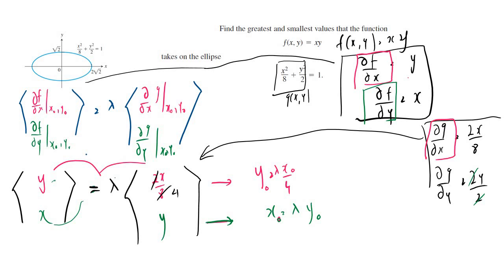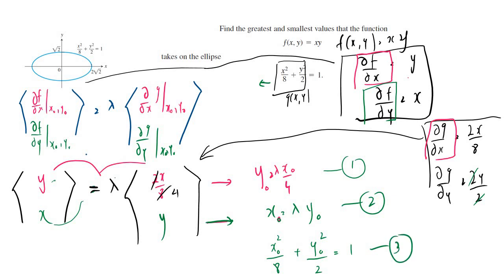There's one more equation that's true at the critical point, this equation. This equation is satisfied because the critical point x0, y0 has to be on the constraint. That is another condition. So we have 1, 2, and 3 equations.